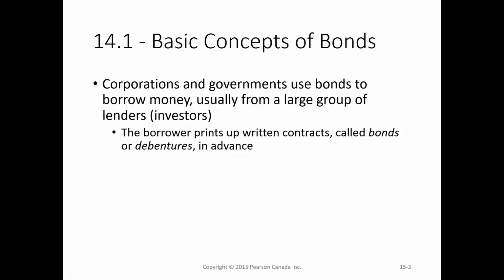Bonds are just borrowing or lending, depending on which side you're on. Larger corporations and governments tend to use bonds to borrow money, and bonds are the mechanism for investors to lend money to those typically larger entities. There are transaction costs associated with a bond issue that limit their feasibility for small corporations or sometimes even medium corporations.